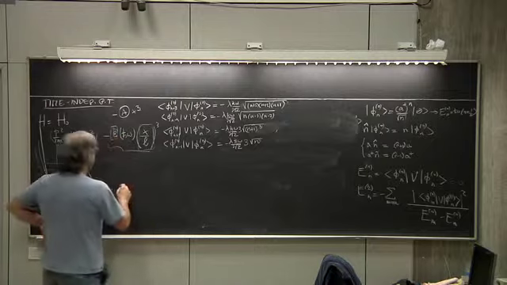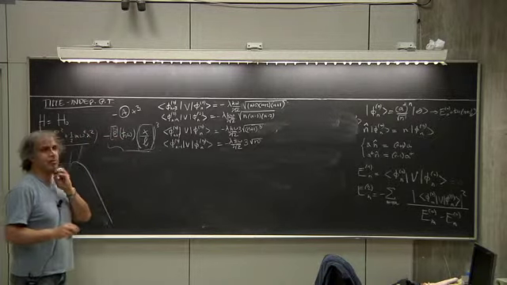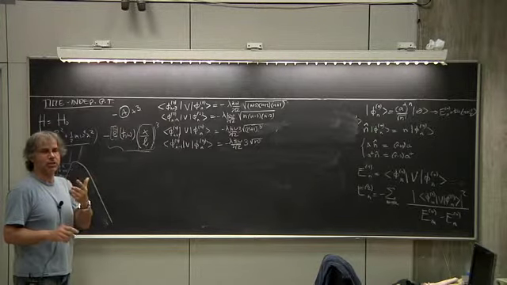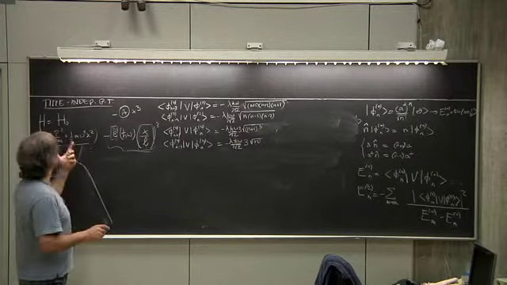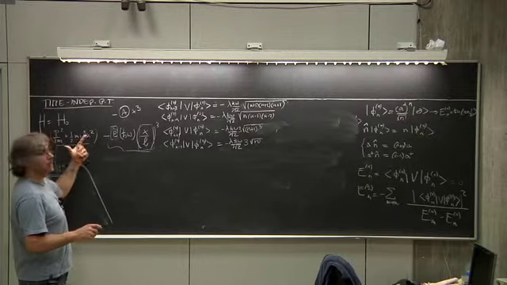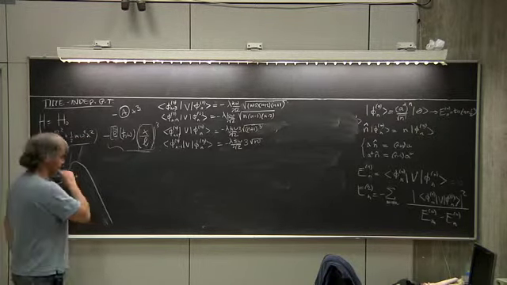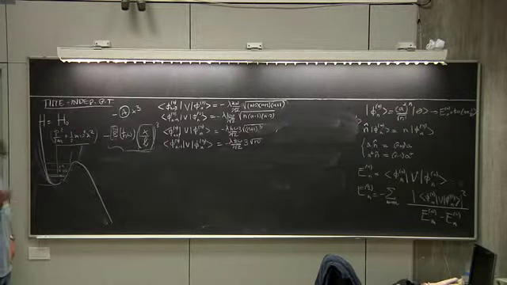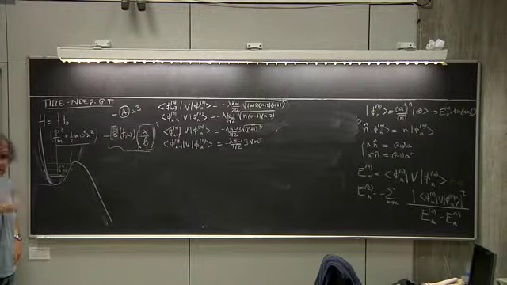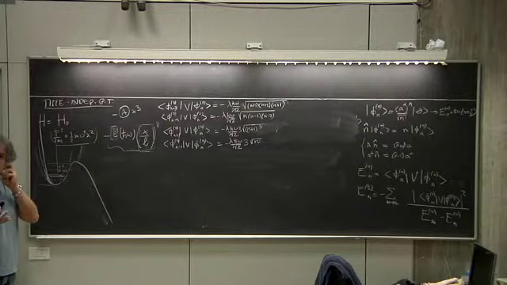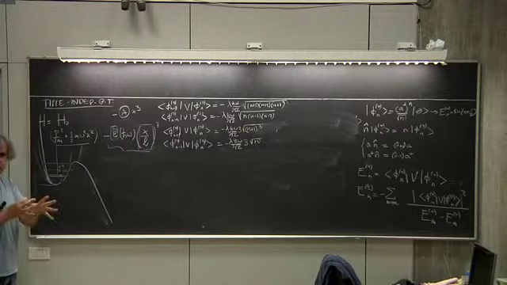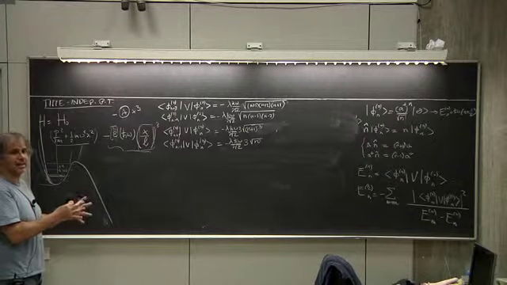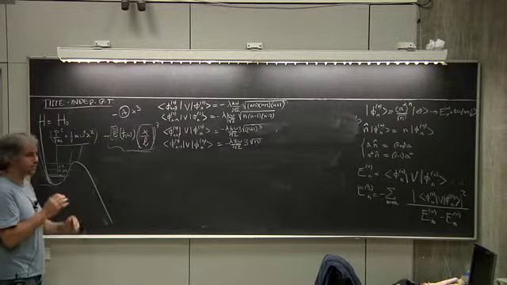You remember, if parity is a good symmetry, so the inversion commutes with the Hamiltonian, for instance, the potential that you have is symmetric, it means that the parity commutes with the Hamiltonian. You can classify all the energies, all the eigenstates, as eigenstates of parity as well. So you can always take simultaneous eigenvectors of parity and Hamiltonian, which means that for every eigenstate, you can tell me if it is even or odd.